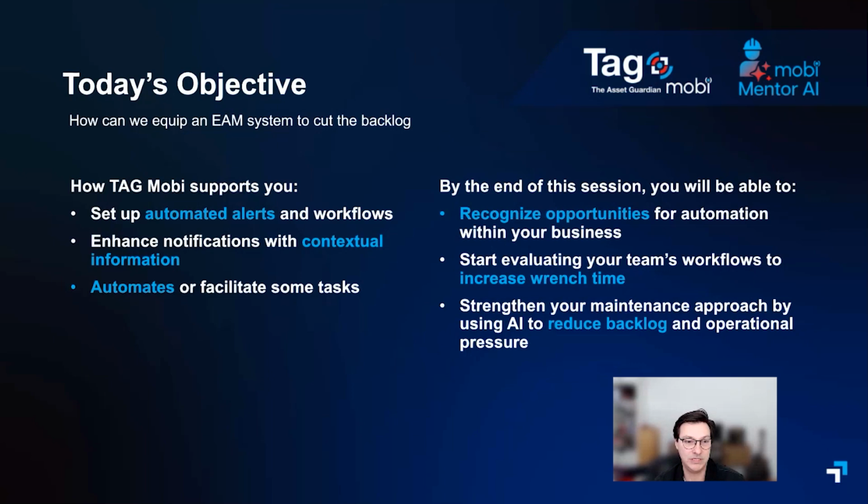So the objective for today is I'll demonstrate how you can set up automated alerts and workflows, and how you can enhance those notifications with contextual information. It could be fetching, let's say, an asset ID to give more context to a request approver, as an example. And we'll even take a look at how we can automate or facilitate some tasks.